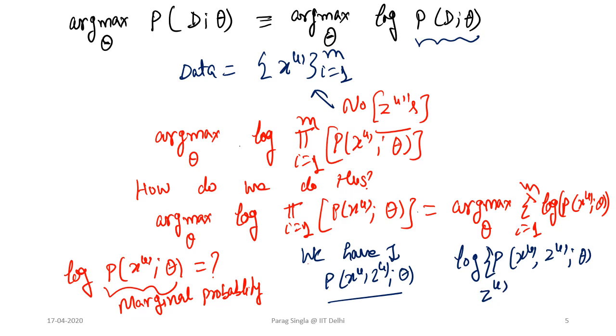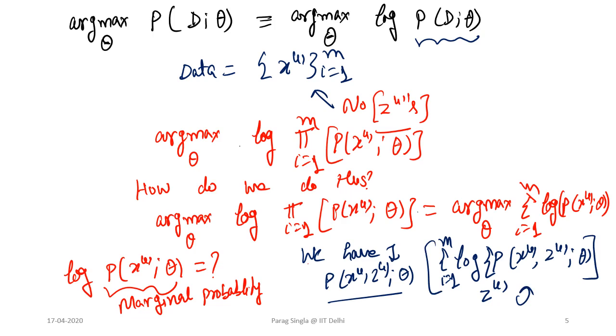assignments of these zi variables. This is a sum over zi, assuming zi's take discrete values; otherwise, if it is continuous, it will be an integral. And this is summed over all examples, and then we take the argmax over this expression.